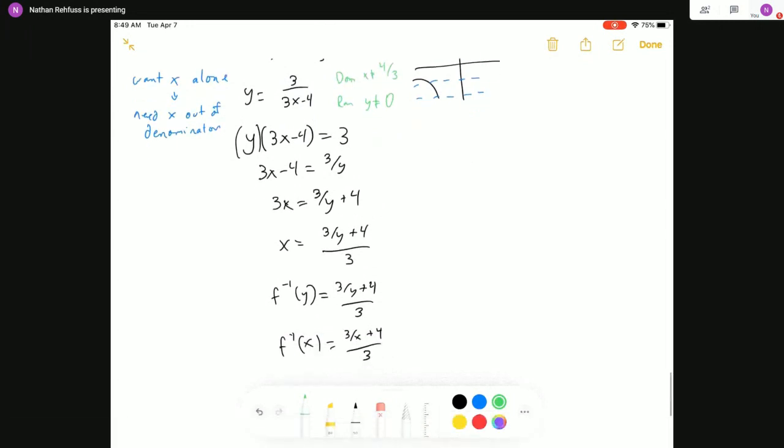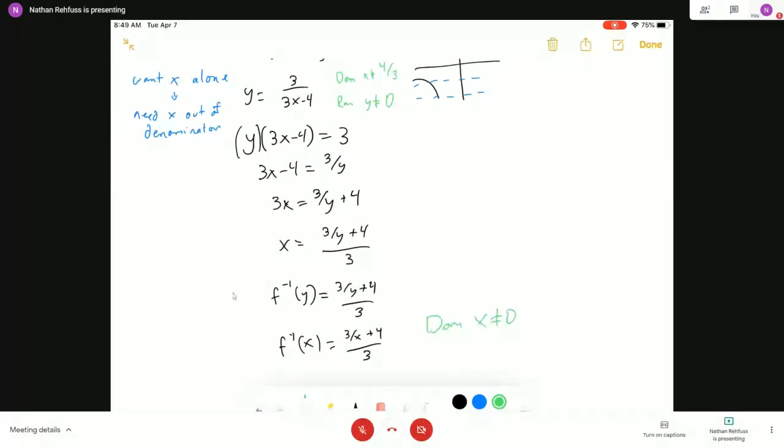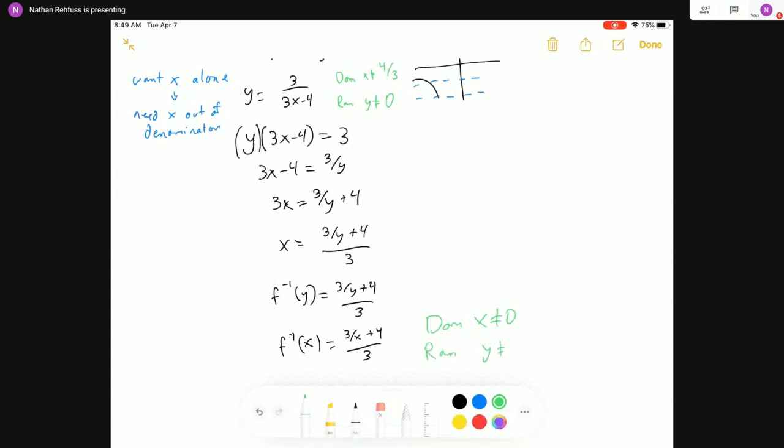But if I take a look at the inverse function, now the domain is x can't be 0. If I plug in x is 0, then I'm dividing by 0 right here. So x can't be 0. And the really weird thing is, the range of this function turns out to be y is not 4/3. 4/3 is the one number you can't get out of this formula.